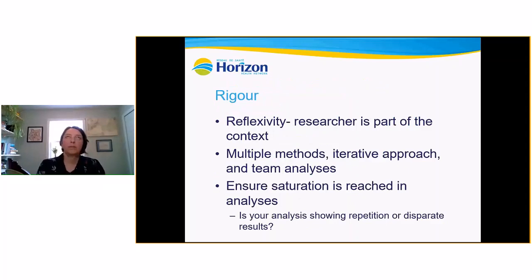Now, the sometimes contentious topic of rigour. I had this titled as rigour and sampling, and then deleted sampling, because sampling is really a quantitative conception, which some people would disagree with.